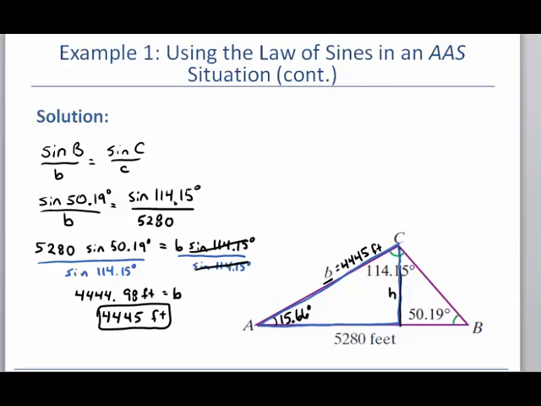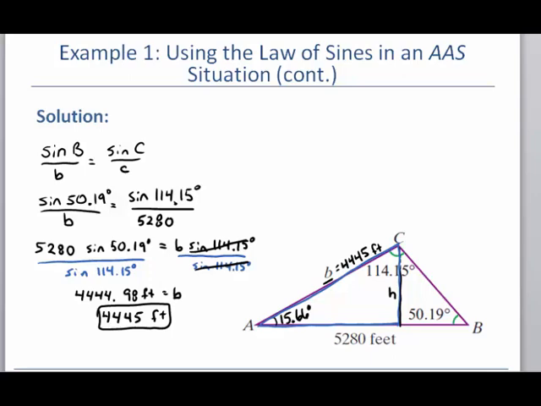So look at what we've got. We're going to use this 15.66 degree angle. And we're looking for the opposite side. And we have the hypotenuse of that triangle. So if we have the opposite and the hypotenuse involved, then it should be a sine problem.